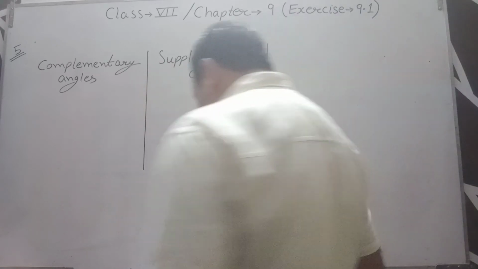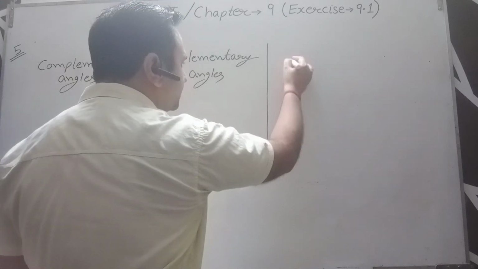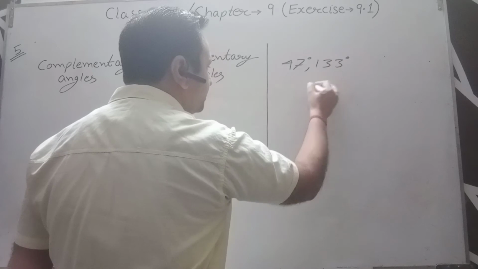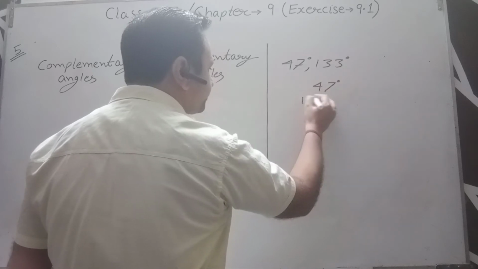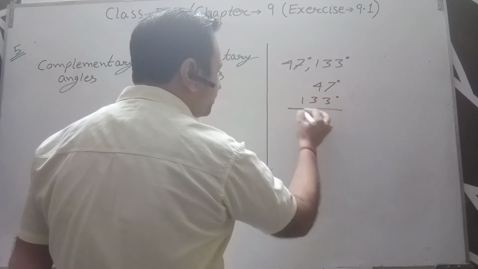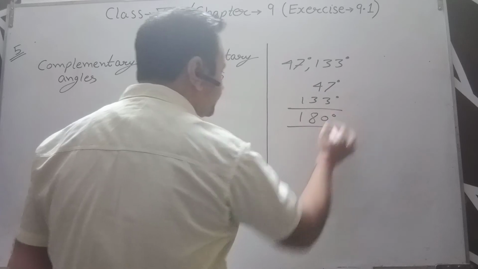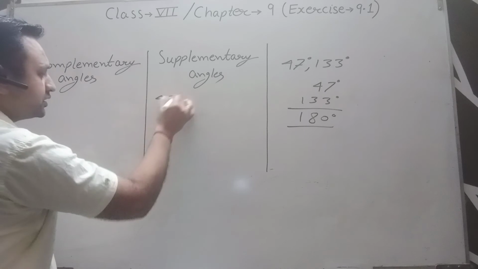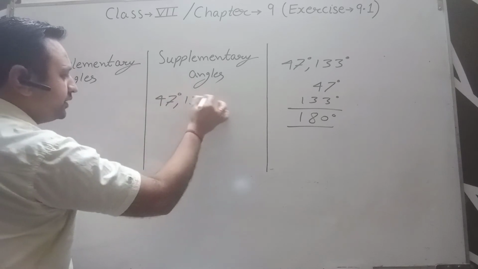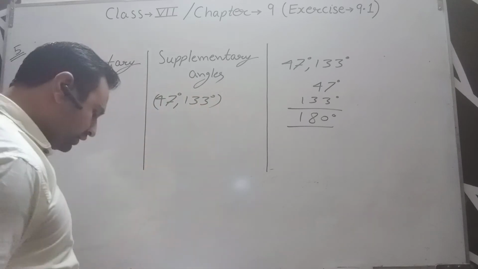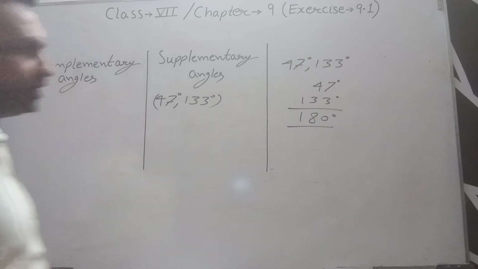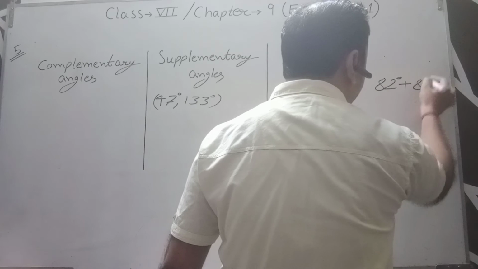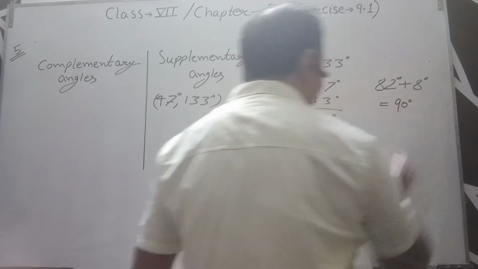First pair 47 degree and 133 degree. So we find their sum. And obviously their sum is 180 degree. So we can say that this pair of angles is supplementary angles. Next pair 82 degree, 8 degree. 82 degree plus 8 degree, and their sum is obviously 90 degree.